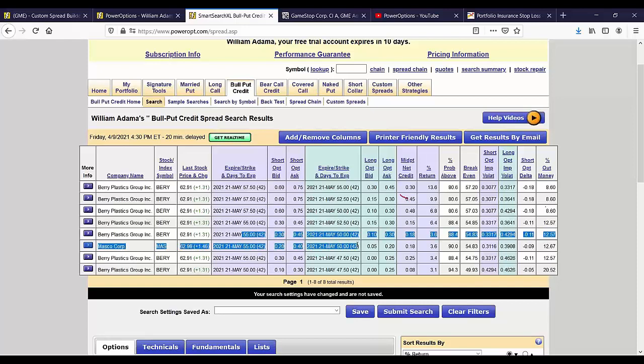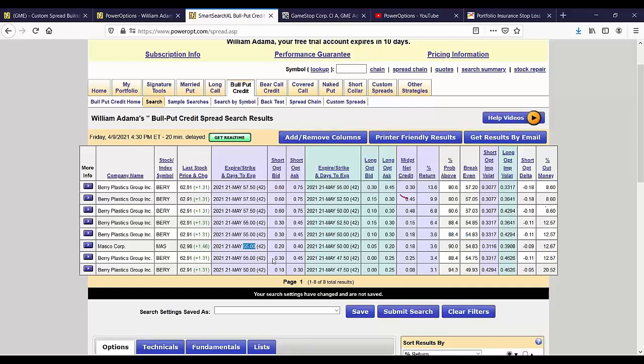Look at these two right here. They're both the May 55s and the May 50s. Masco's at 62.98. Berry Plastics, I keep slipping and saying barrel, is 62.91. Same rough probability, both 12.5%, 12.6 for 7% out of the money, 88 and 90% probability.